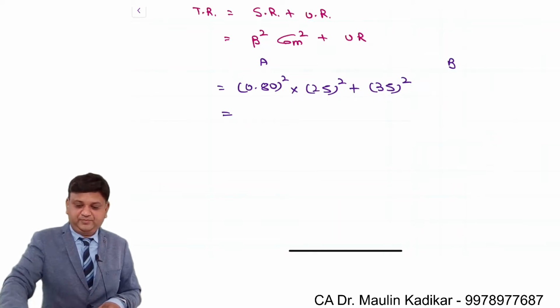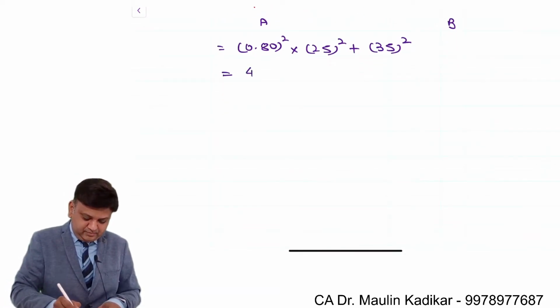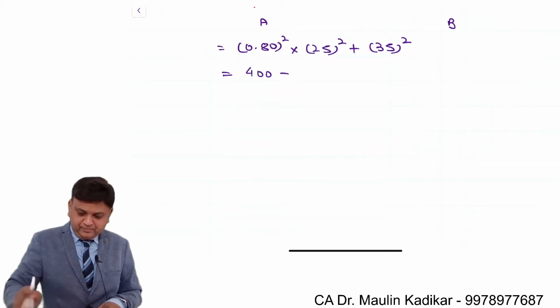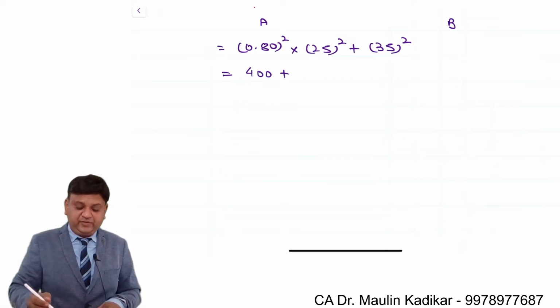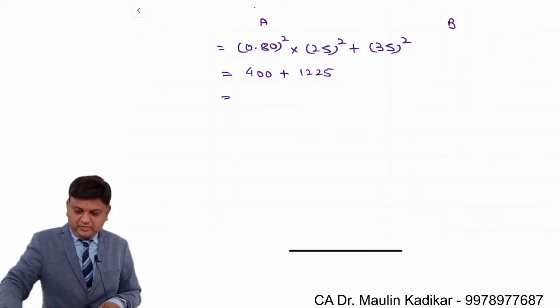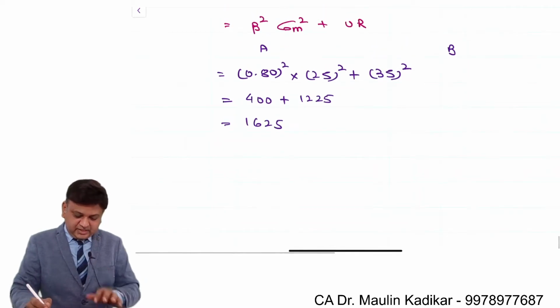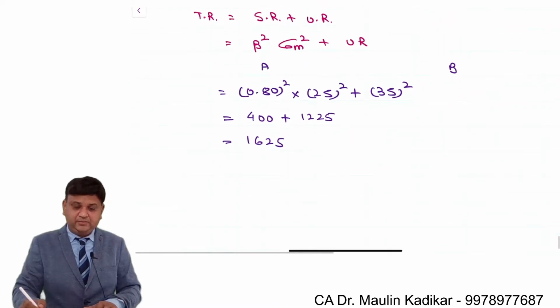So it is 35 raised to 2. So the square of 25 is 625 into 0.8 into 0.8, that is 400. Square of 35 is 1225, total 1625. That is the way we can compute the total risk.